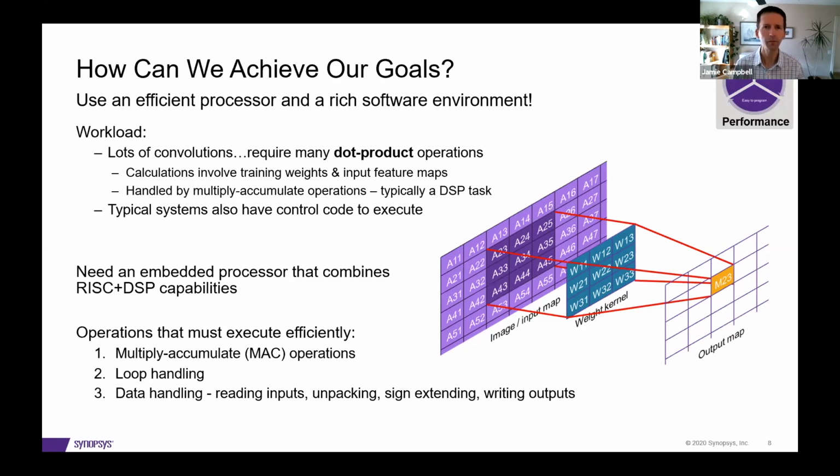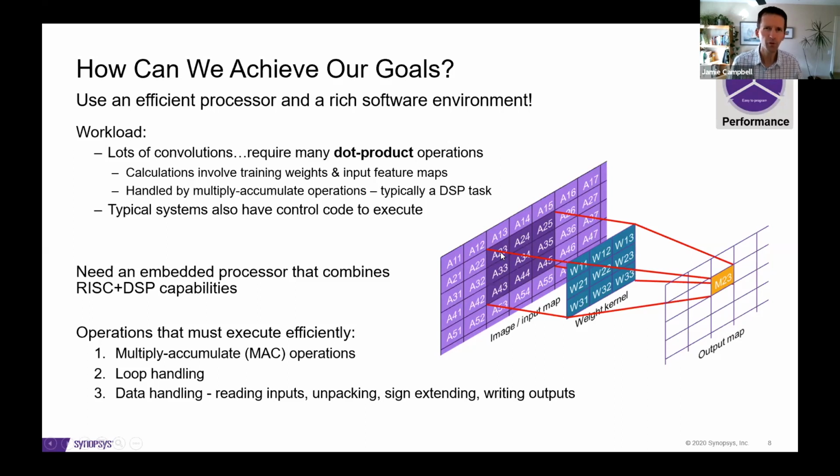So looking a little bit more at the type of operations that we have to do, we've already talked about the first one, multiply accumulates. But because we're working across arrays of data, we need efficient ways of looping through our elements as we process it.